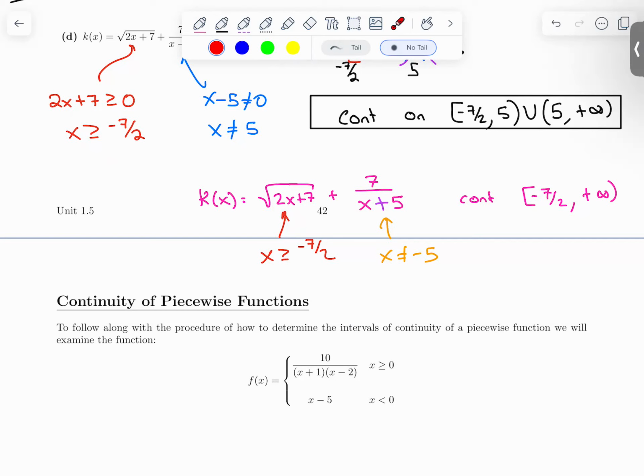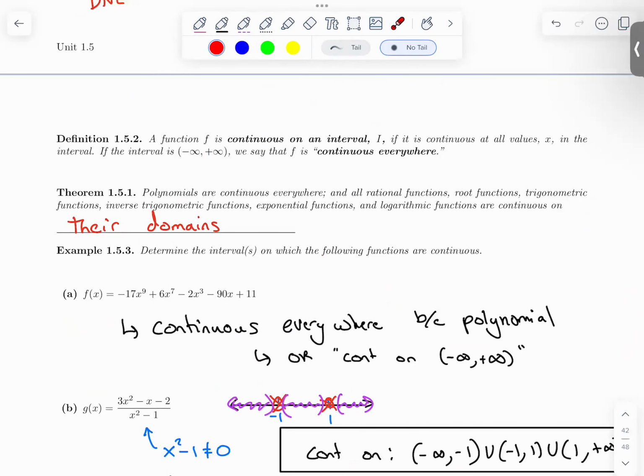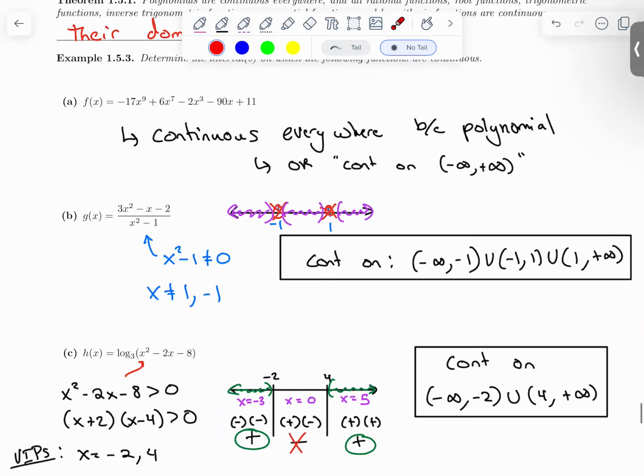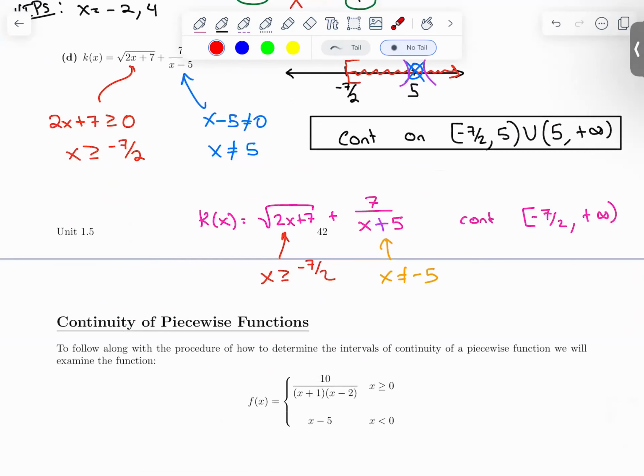So piecewise functions, notice that they weren't included in theorem 1.5.1 because piecewise functions are a whole myriad of functions that are just weird. We can create a lot of different piecewise functions, and trying to figure out their continuity requires a little bit of extra work.